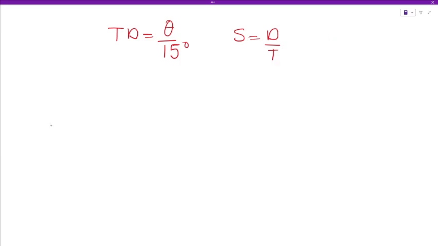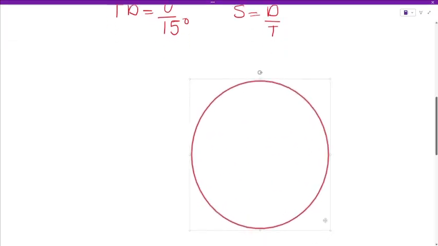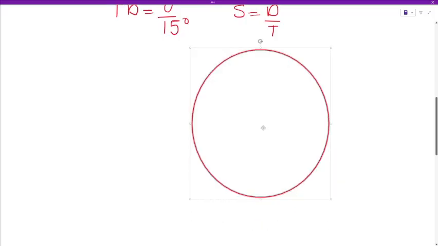Now let's look at some facts. When it comes to Earth geometry, let me put up a circle here for illustration purposes. The globe looks a bit spherical.